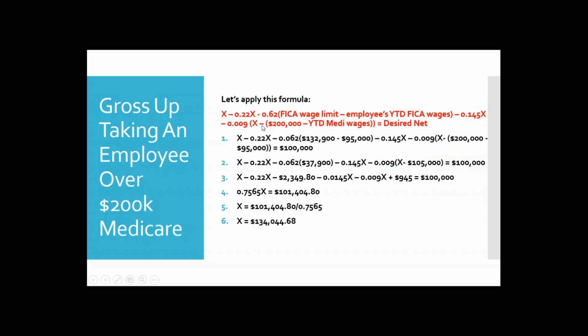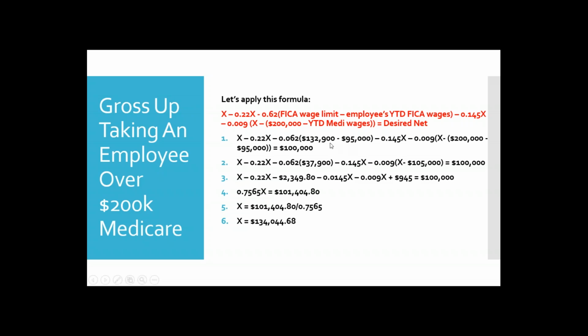So X minus 0.22X minus 0.062 times the FICA wage limit minus the year-to-date FICA wages, minus 1.45X minus 0.009 times X minus 200,000 minus year-to-date Medicare wages equals our desired net. So we're going to put all that into our equation.